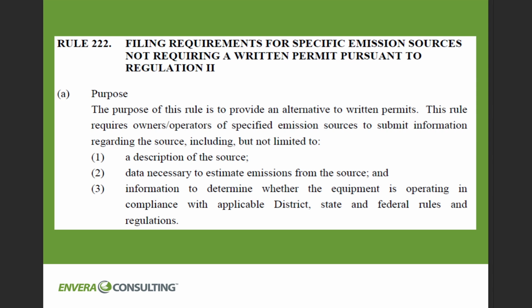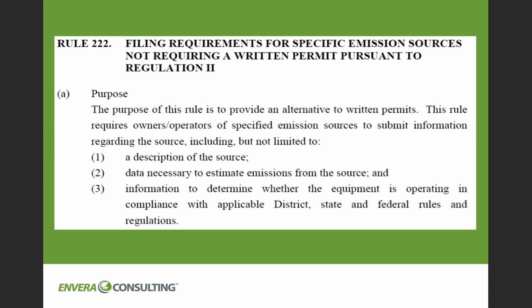Now, the last step is you want to review Rule 222, and that's because there are some cases where a piece of equipment is exempt from permitting under Rule 219, but instead the equipment will require a registration under Rule 222.